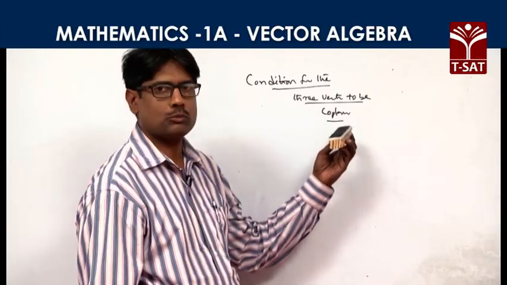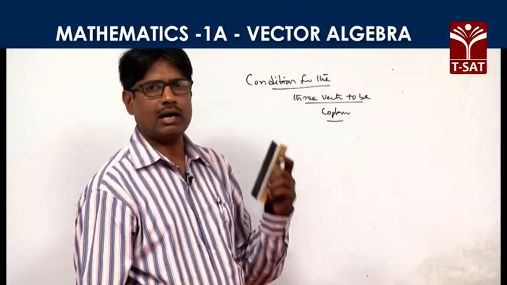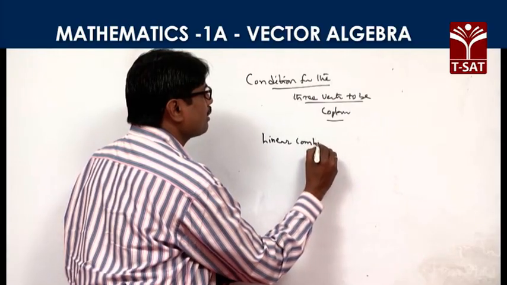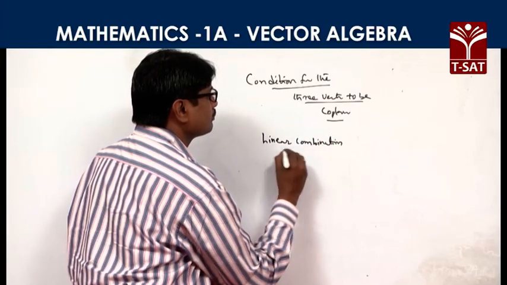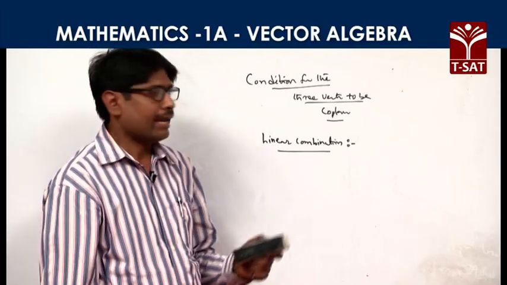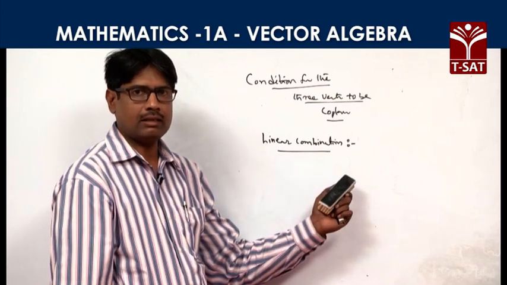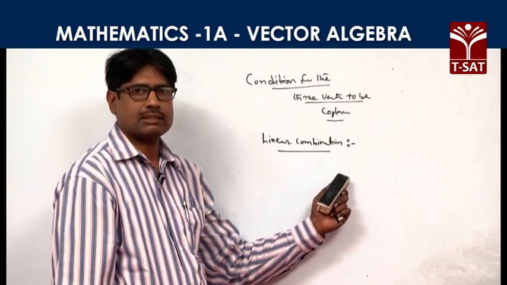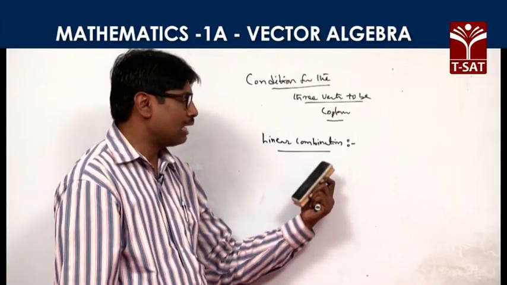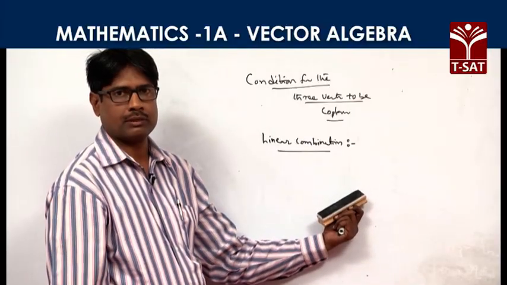Condition for the vectors to be coplanar. Before that, a small definition: linear combination. What do you mean by linear combination? Expressing a vector with the help of scalars in an addition process is called a linear combination.